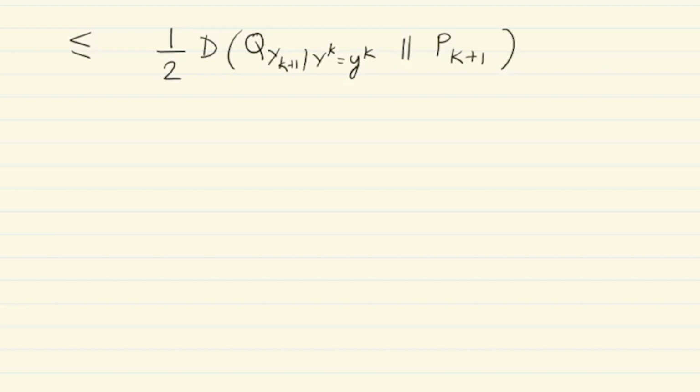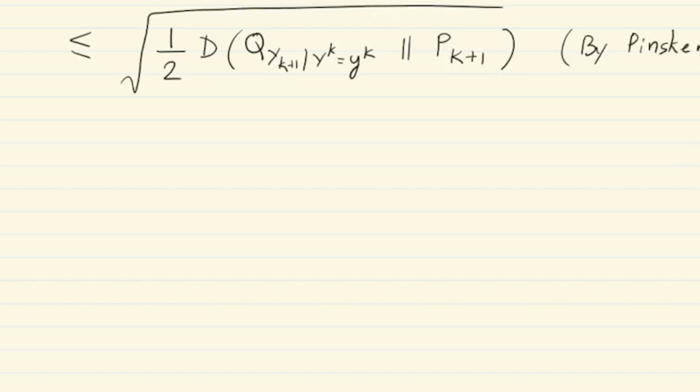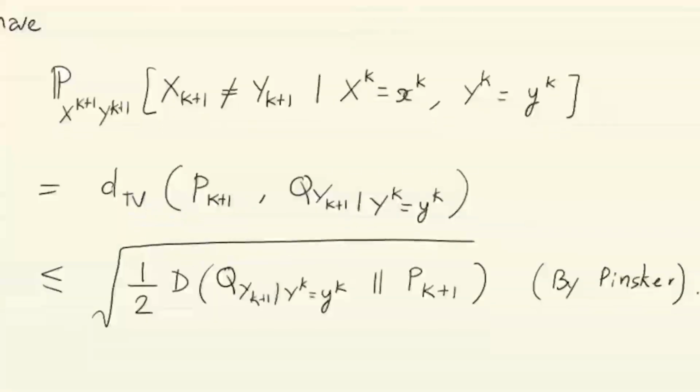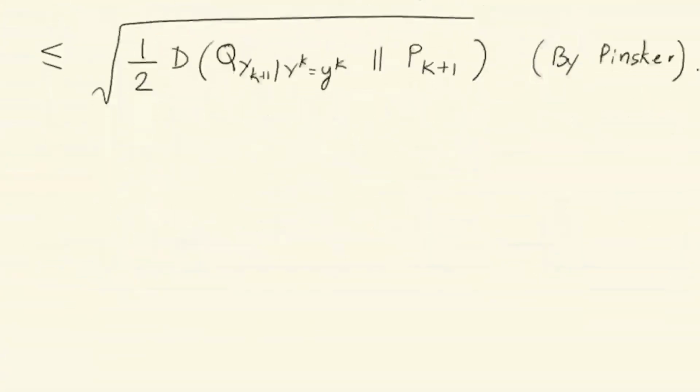And by Pinsker's inequality, we know that this is at most square root of half the KL divergence between the conditional distribution q yk plus 1 given yk equal to small yk with respect to pk plus 1, the distribution of the k plus first x, by Pinsker, which is just a one-dimensional inequality. And so we can just take expectation over the conditioning here to make it a single probability.